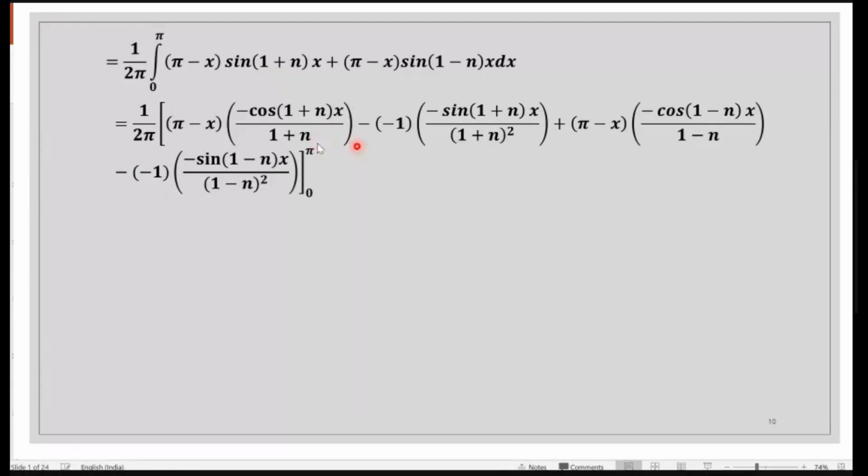Then minus pi minus x का derivative -1 और इसका integration. 1 का derivative 0 हो जाएगा, तो we will have only 2 terms when we use uv rule for the first term. Similarly for this, सब same है, खाली 1 plus n के बदले 1 minus n रहेगा. Using u into v rule for both first term and the second term.